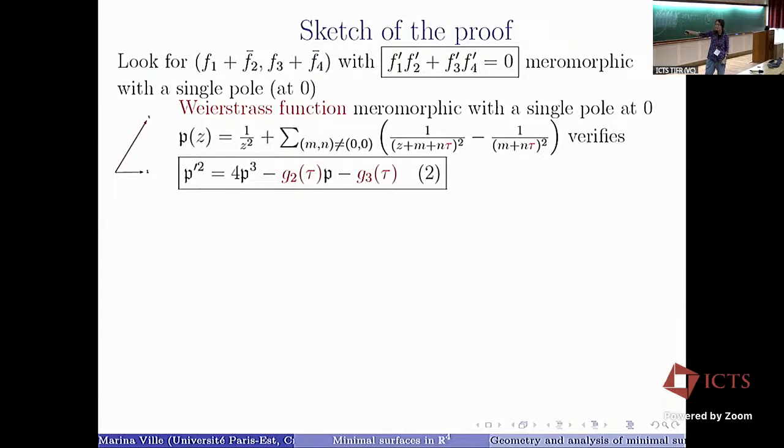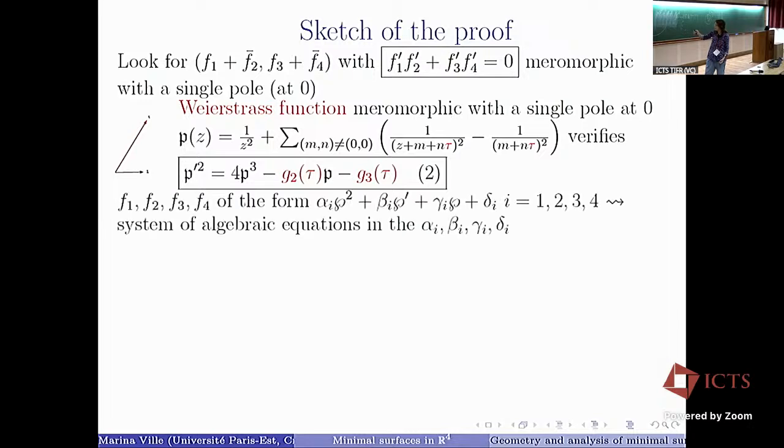So this gives us the connection between the torus as a quotient by a lattice and the torus as a cubic curve. So when we construct these, we'll already have three parameters: tau, G2, and G3.